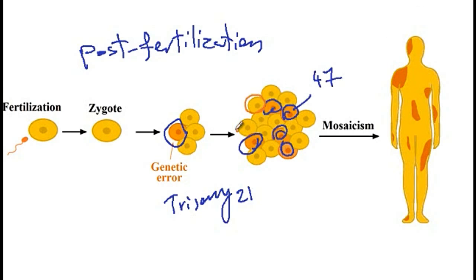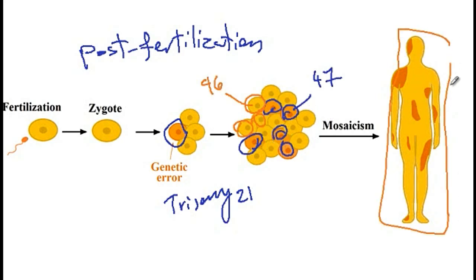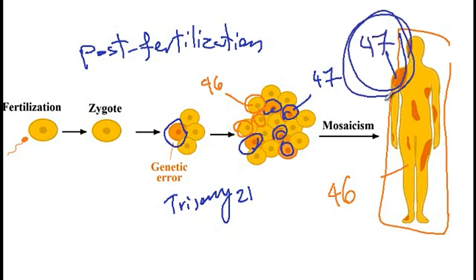And so these cells would have 46 chromosomes and be normal. So once the adult individual is formed, there would be 2 types of cells, normal 46 and then the abnormal 47 chromosomes. And thus these patients will have another form of Down syndrome. But this is very rare and accounts for only 1% of the cases of Down syndrome.